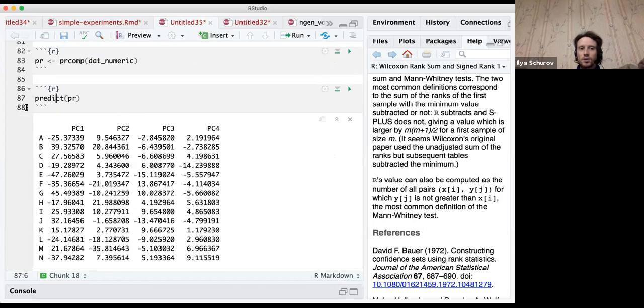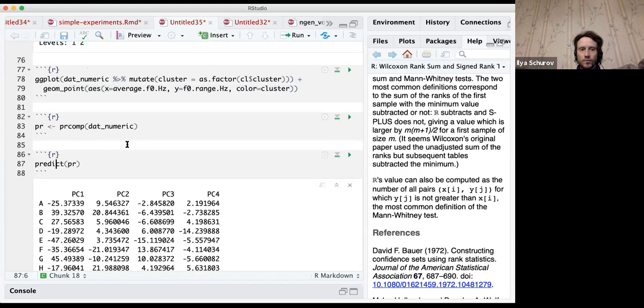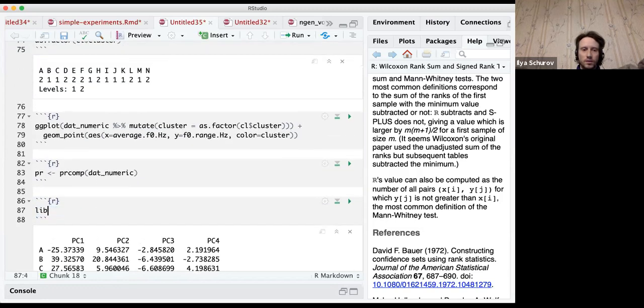And then I can use this function predict to find components of each. I can use this function, but also probably I can just use fortify like we did previously, ggfortify.